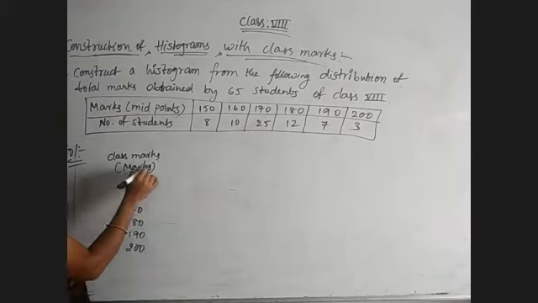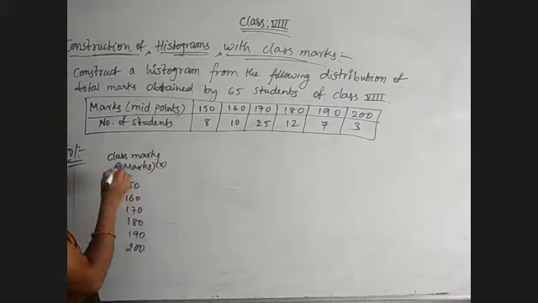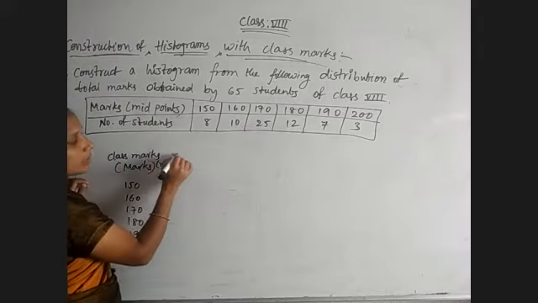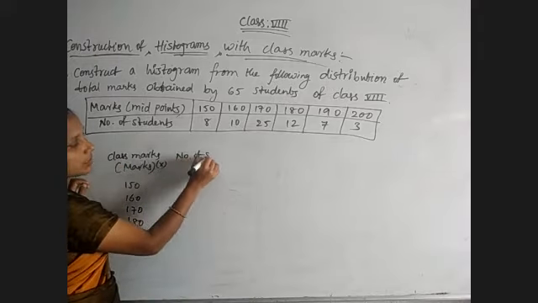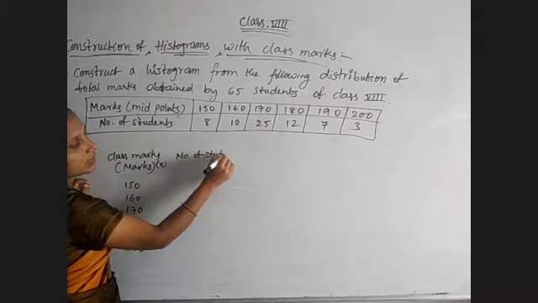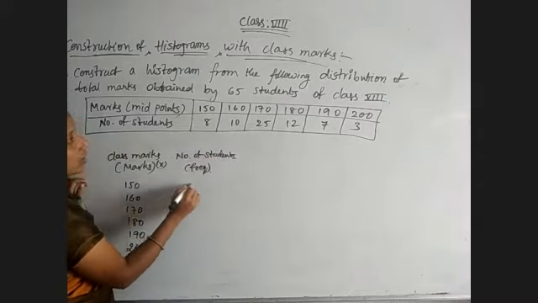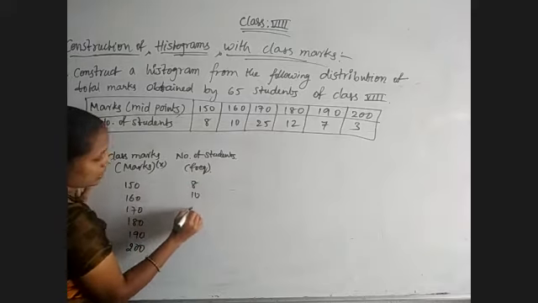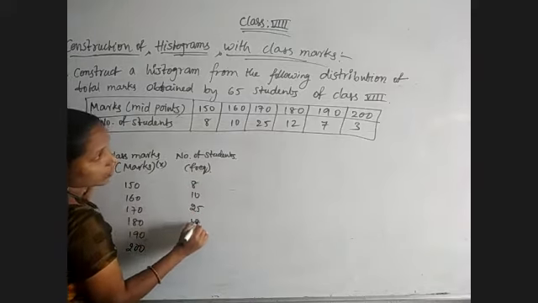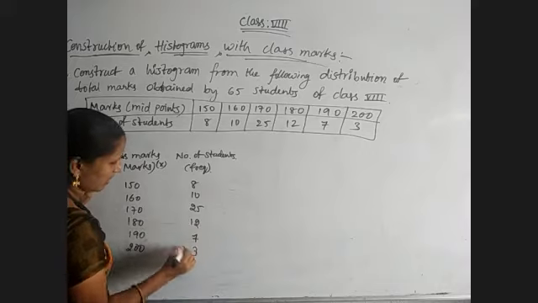All these are x values. Then number of students is nothing but frequency: 8, 10, 25, 12, 7, 3.